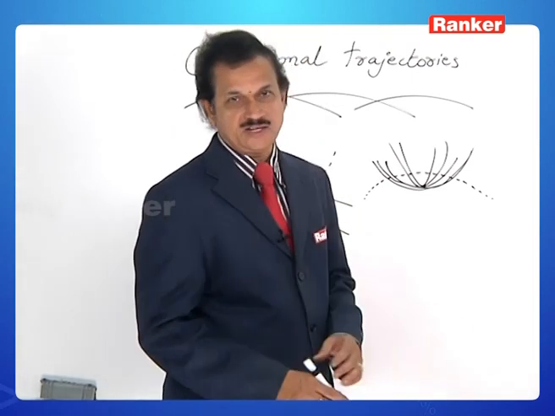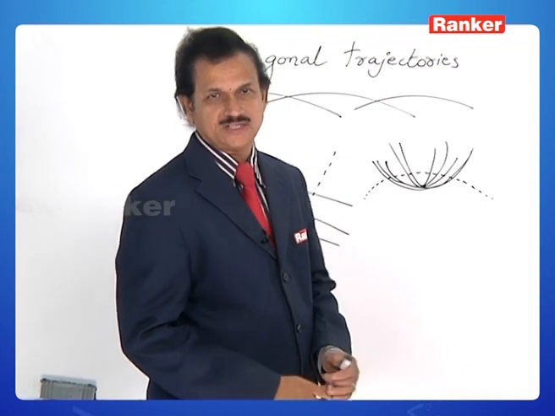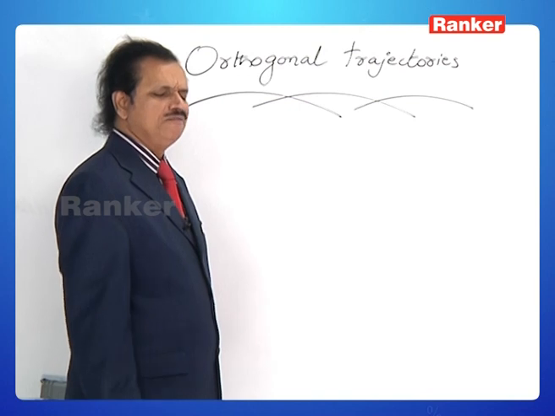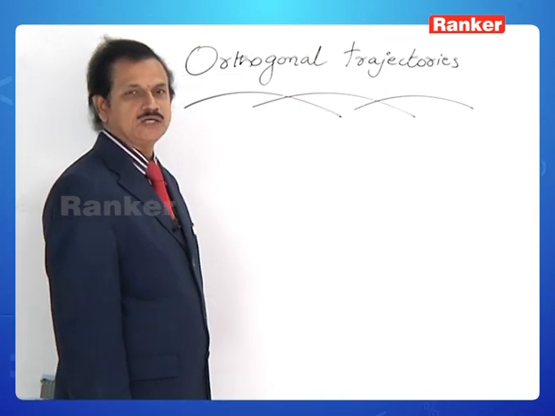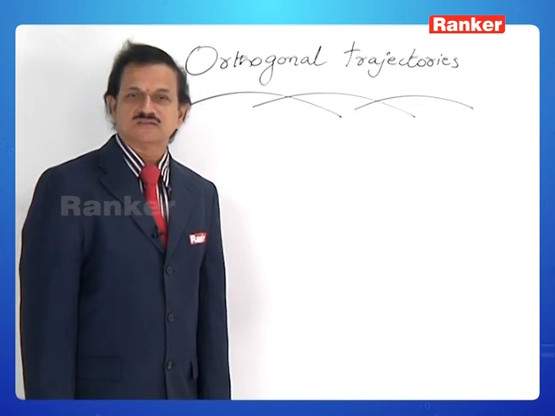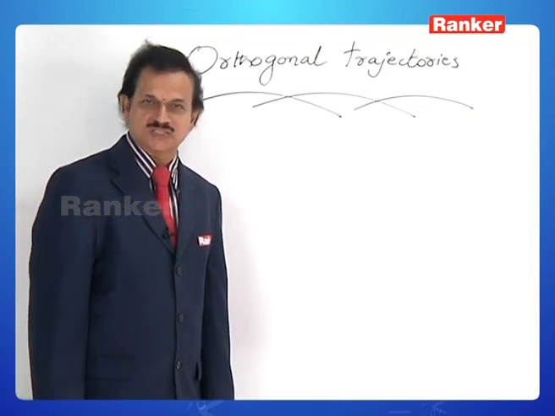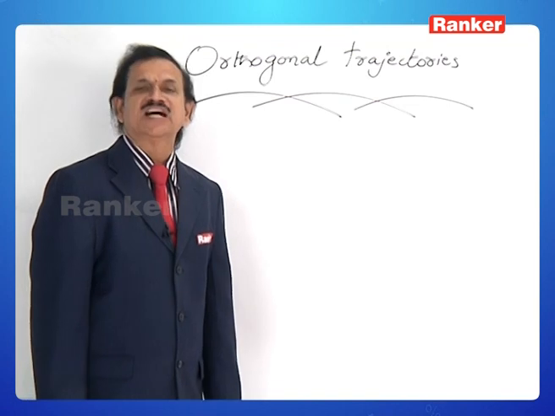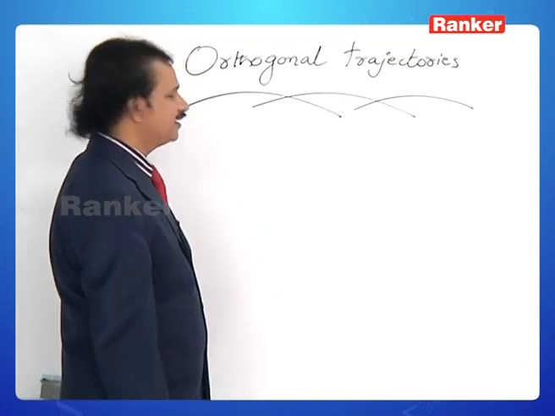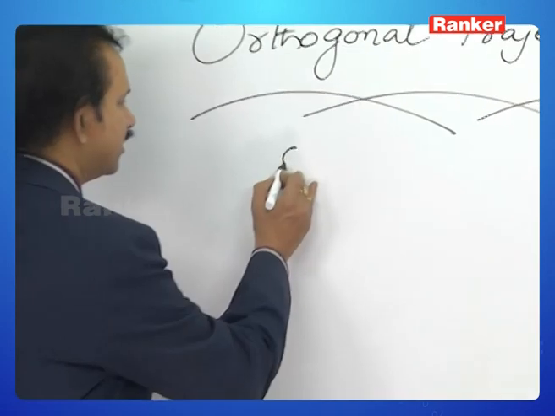Okay, how to find the equation of an orthogonal trajectory? After knowing the meaning of the word orthogonal trajectory, we now turn our head towards the method of obtaining an orthogonal trajectory. Hereafter, let me call it OT. OT means orthogonal trajectory.